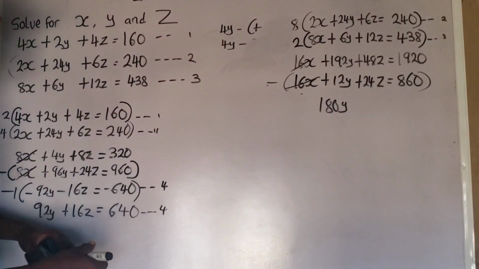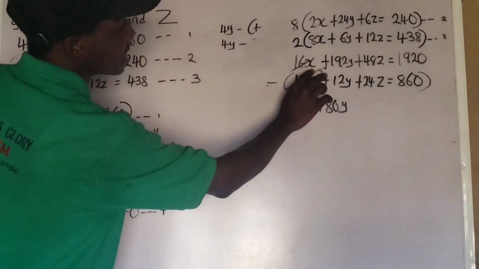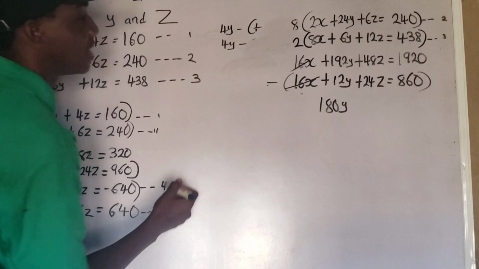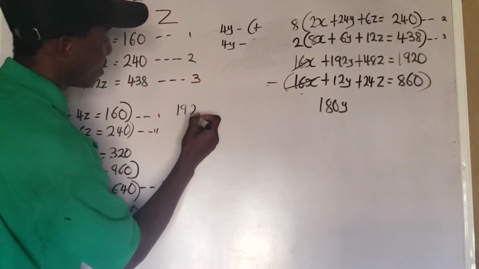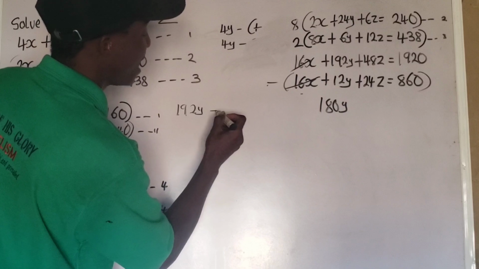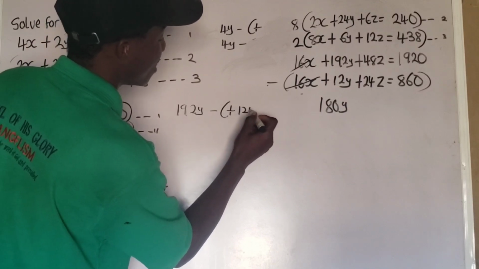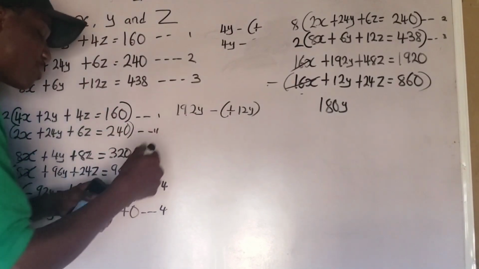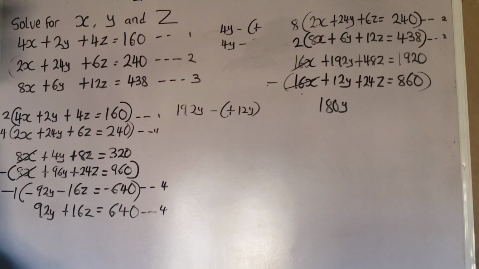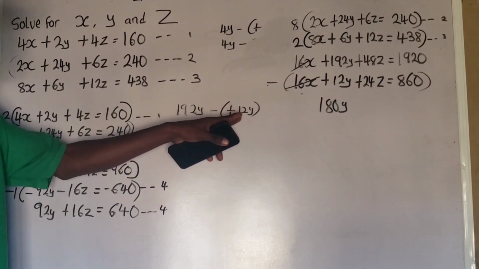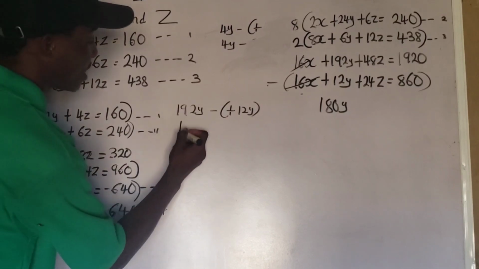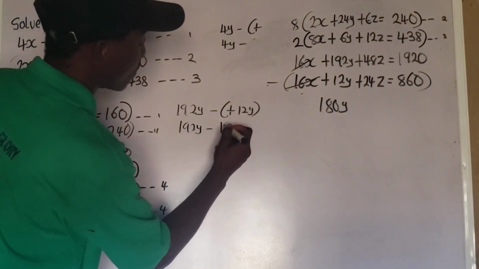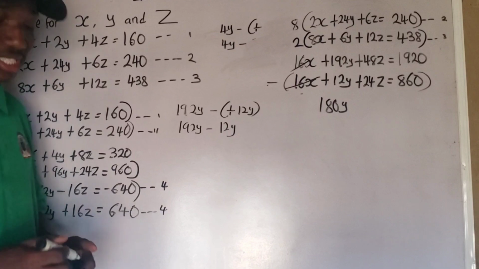Positive 192y minus positive 12y. When you take the product of a positive and a negative number, you have a negative number. So 192y minus 12y will give you 180y. You understand how I got that?